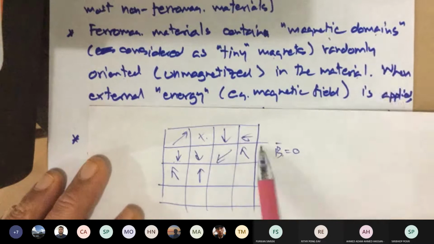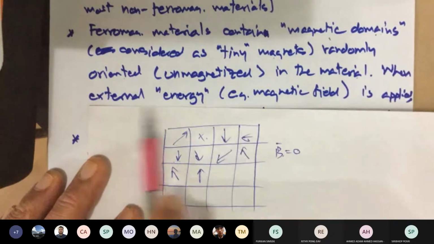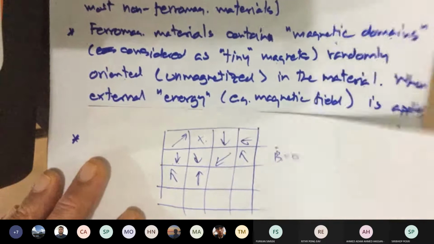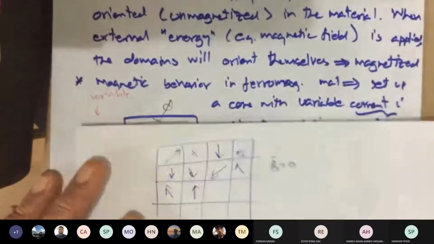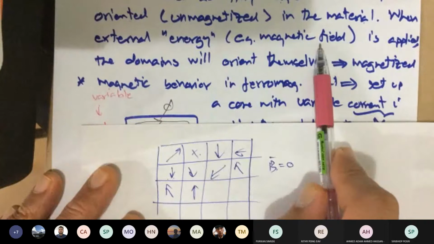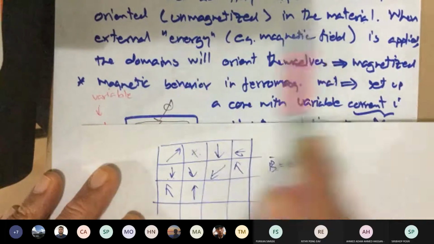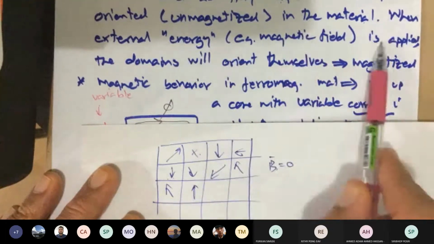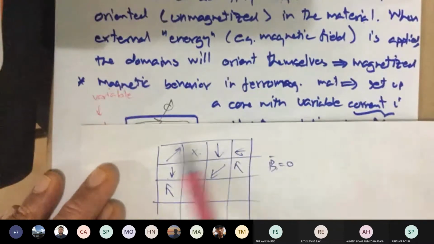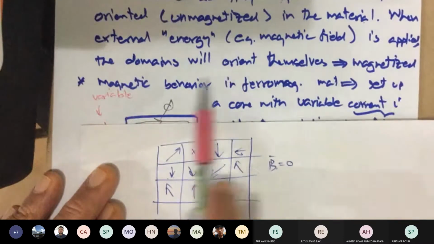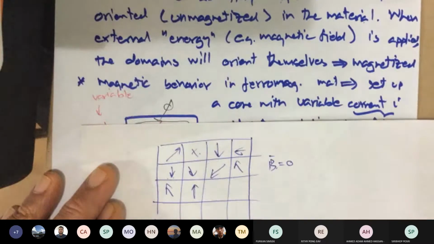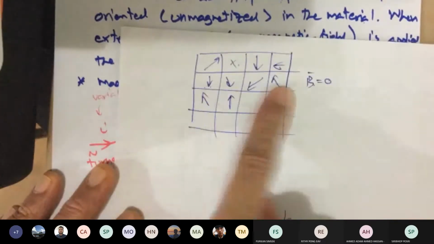What's so good about this is that when external energy, which can be anything, most of the time a magnetic field or a current, is applied to these domains, they will orient themselves. Let's assume I have this one.